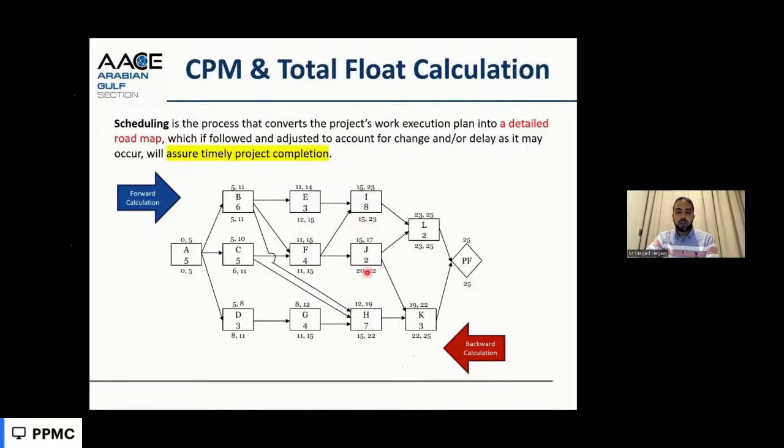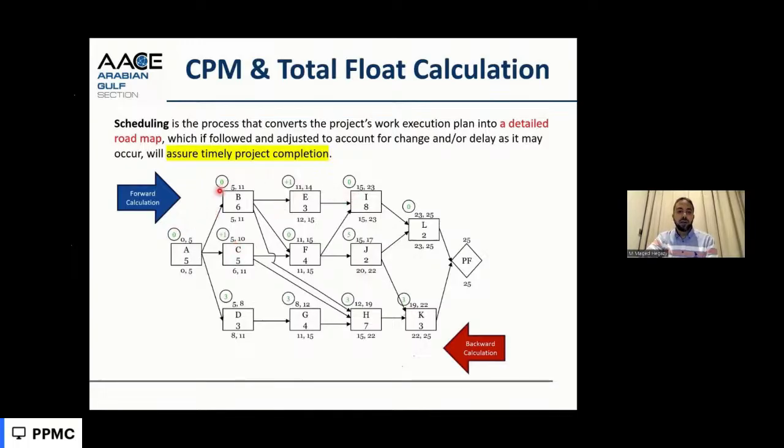Here for activity J, the late finish is 22 and the late start is 20. Sometimes you see the early and late dates are the same, or there is a difference between them. We will find some activities with no difference between early and late.